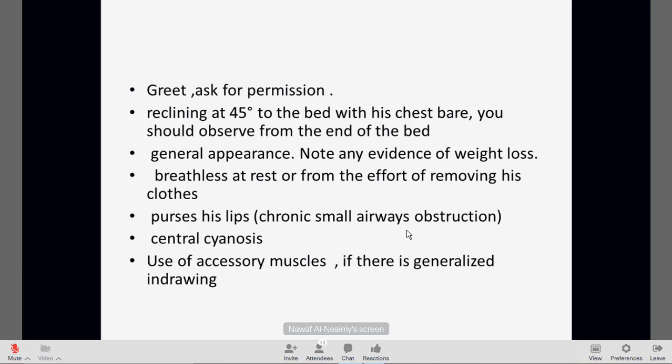The body build, roughly, we have the average body build, or we have the overweight, or we have the underweight. So if the patient is underweight, cachexic, related to the respiratory system, which one of you can tell me some causes of cachexia that are related to the respiratory system?